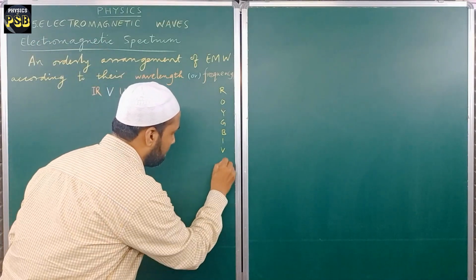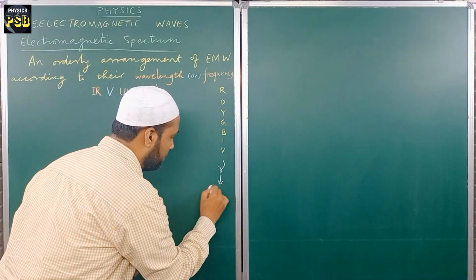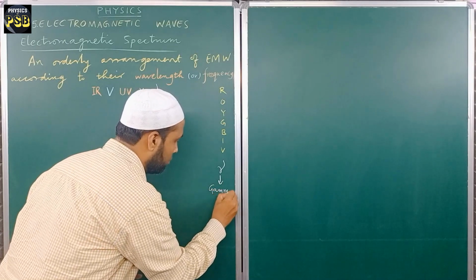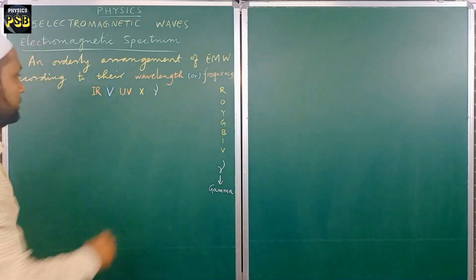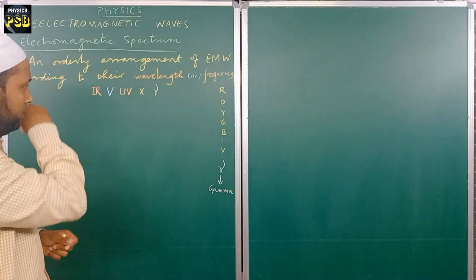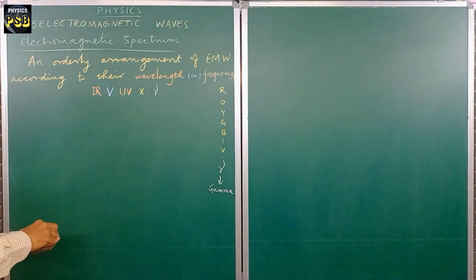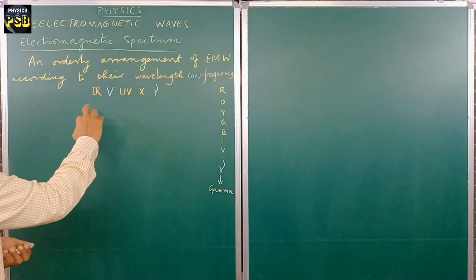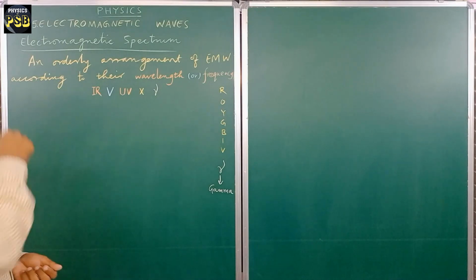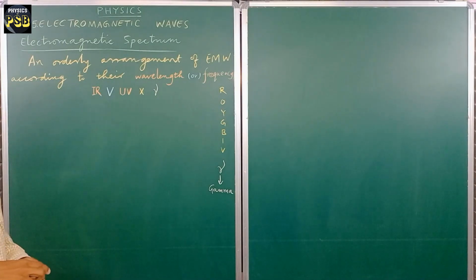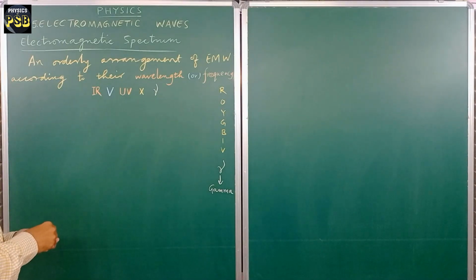This symbol is named gamma, and it stands for gamma ray. Now, how many waves have we included here? 1, 2, 3, 4, 5. Only two waves are left, that I am going to mention now.